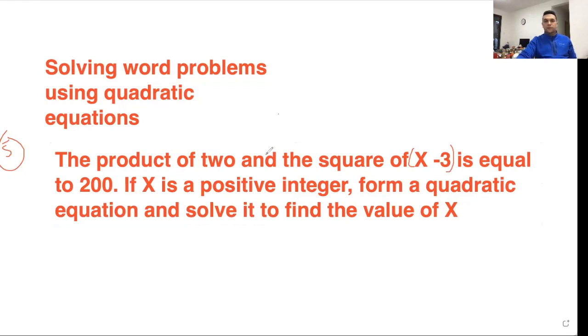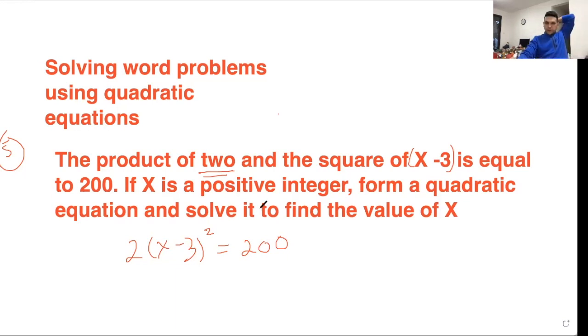So this is the product of 2, number 2, right? And the square of x minus 3. So 2 times (x minus 3) squared, that means the product, equals 200. And that's it. That's a quadratic equation, right?